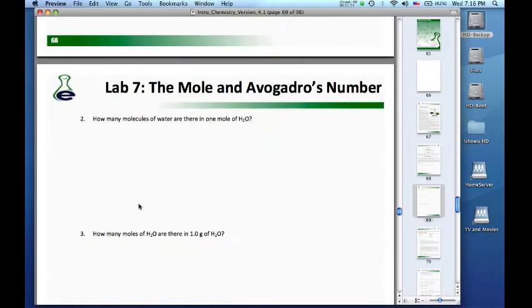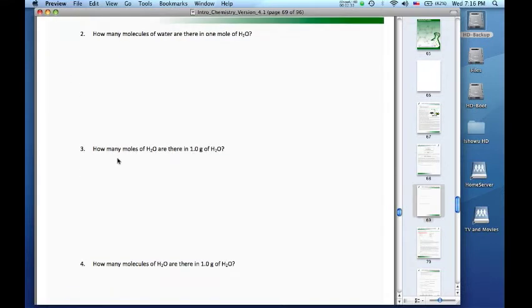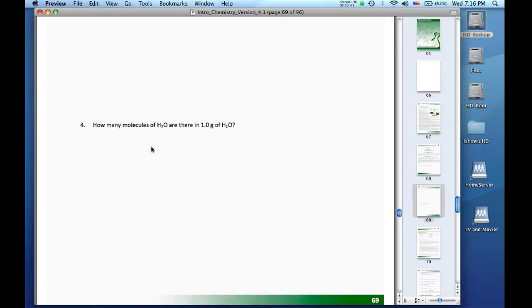And how many molecules of water are there in 1 mole? This is the definition. It's 6.02 times 10 to the 23rd. And then how many moles are in 1 gram of water? So it's 1 gram, then you divide this by 18 grams per mole. So there's 1/18 of a mole here. And how many molecules is that?